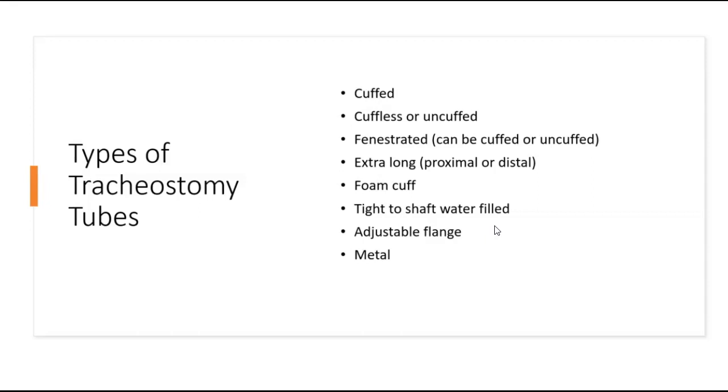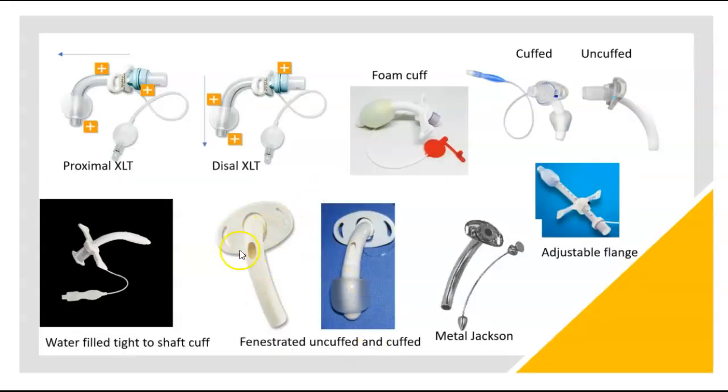You have some trachs that have adjustable flanges, meaning the flange moves for better placement and comfort for patients. And then there are even tracheostomies that are metal. Jackson trachs are considered metal trachs. So just a couple different examples here.